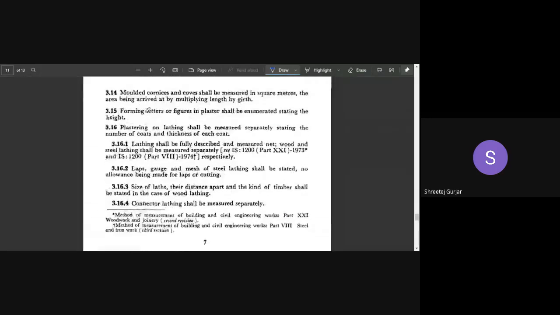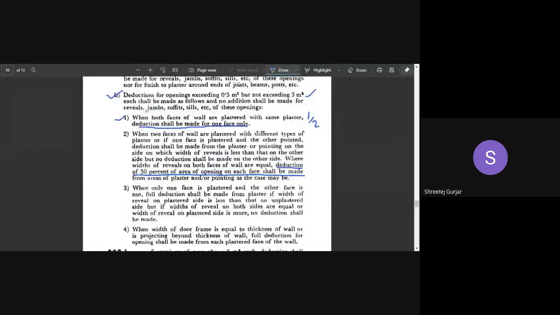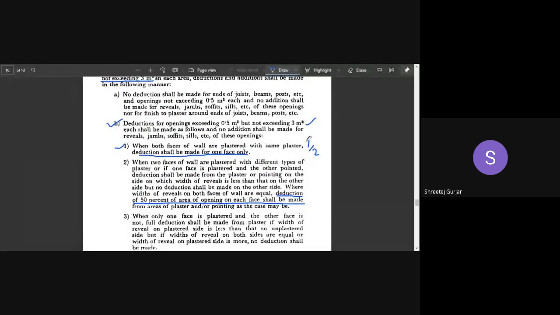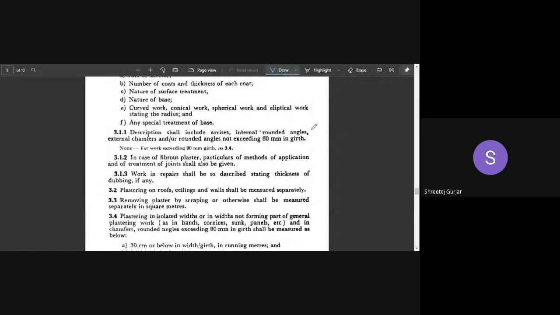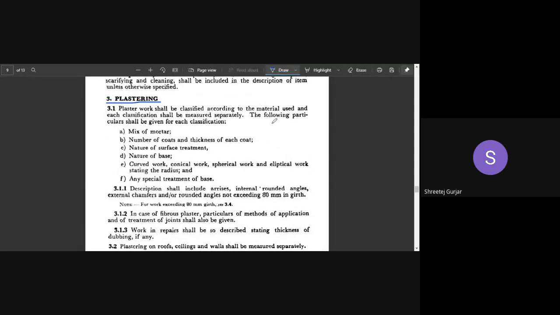If you ask why particularly 50%, and not 75 or 25%: when you deduct for a wall, we actually have to deduct two faces, but we deduct only one face, that is, only 50%.